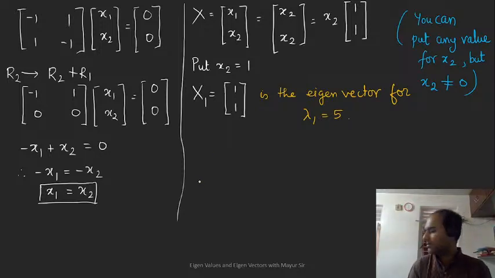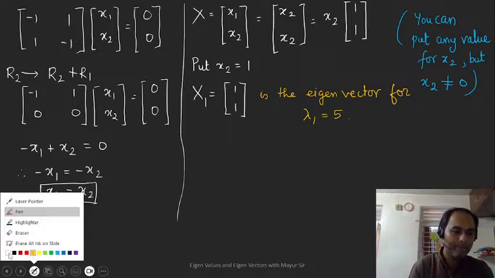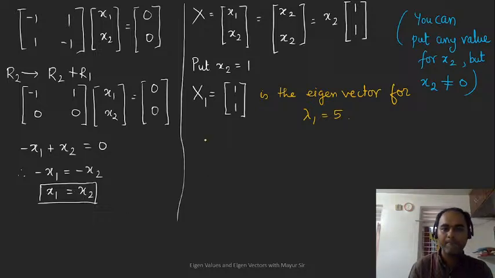Now what we do here, we have found the eigenvector for lambda 1 equal to 5. So now we go for finding the next eigenvector.